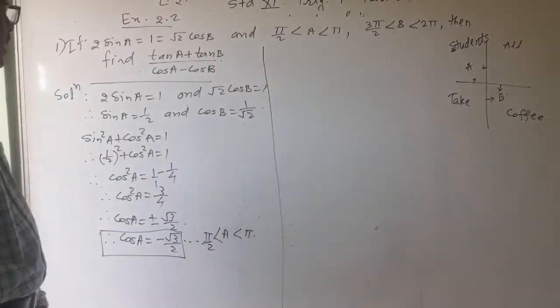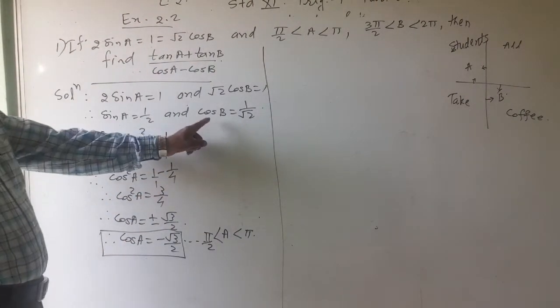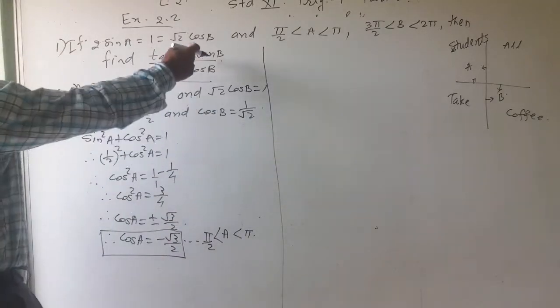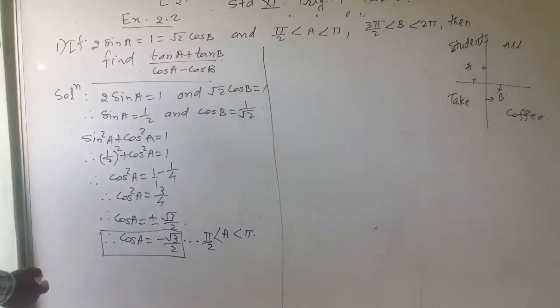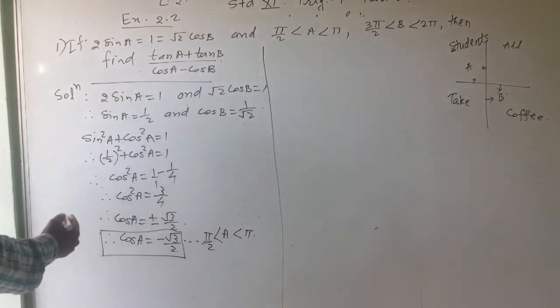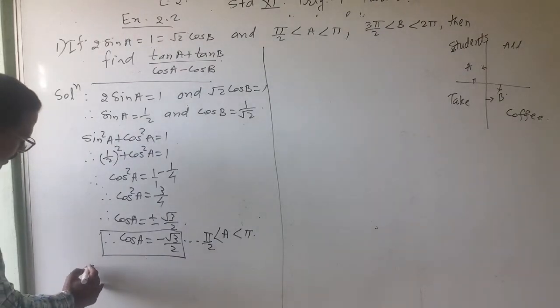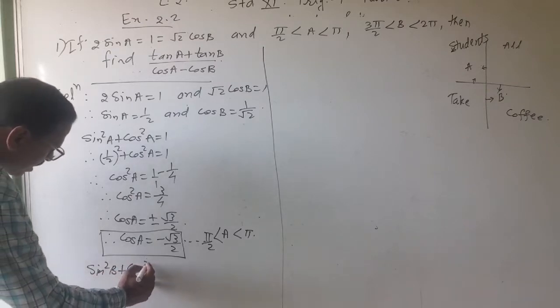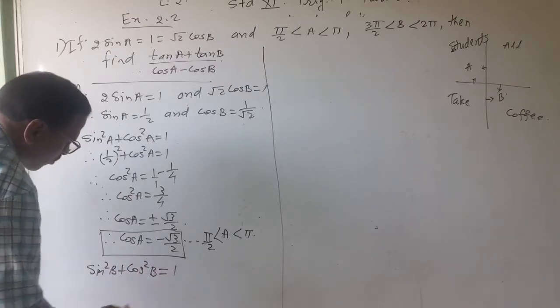Now similarly from this also I will go. I want cos B also because I want to find tan B. Now sin square B plus cos square B is equal to 1.